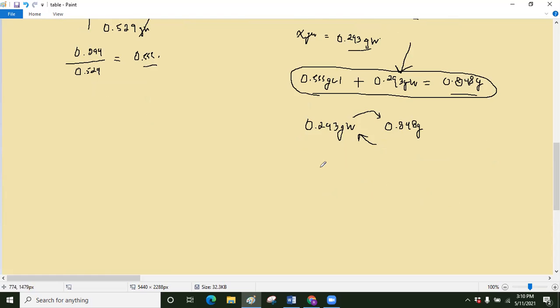How much percent of 0.848 is 0.293, right?